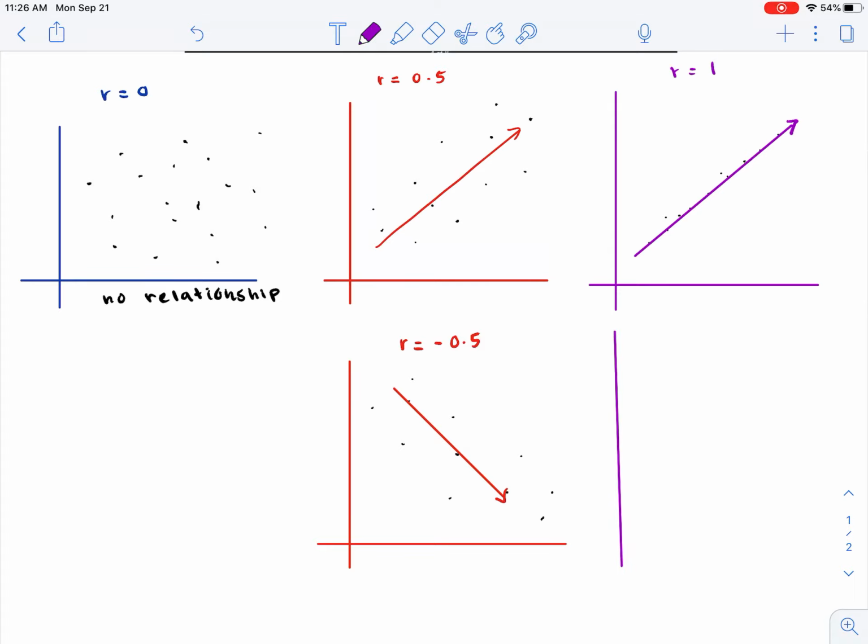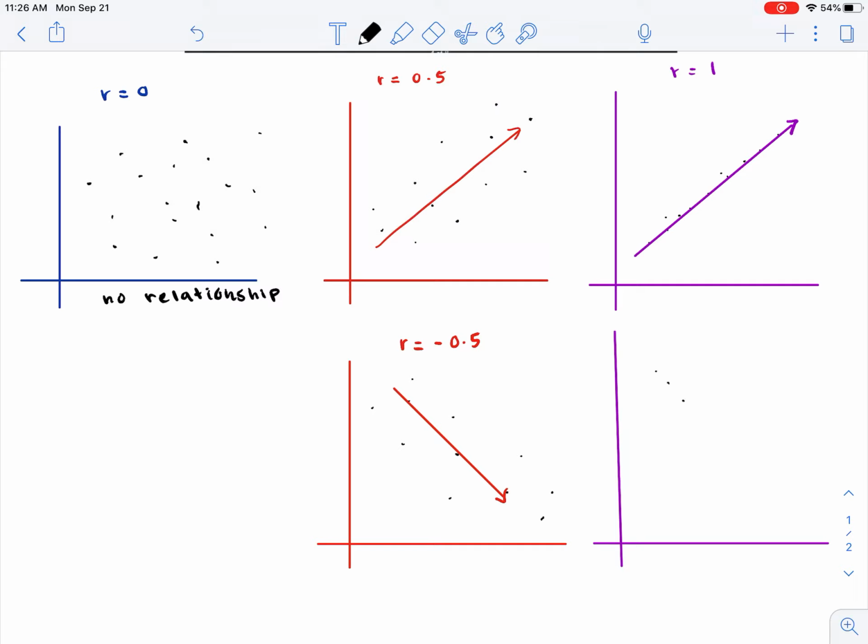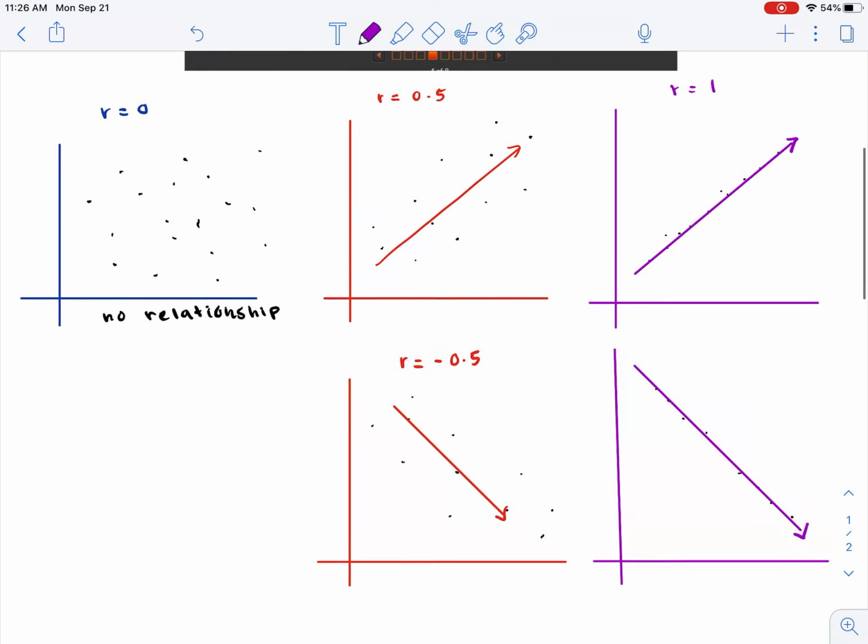So what if it's a negative 1? You may have already picked up on the pattern. If it's negative, once again, it's going to look like a straight line, but this time it'll be decreasing. So if you compare these examples, if the points are scattered and you can't form any kind of relationship, our correlation coefficient is 0, meaning no relationship.